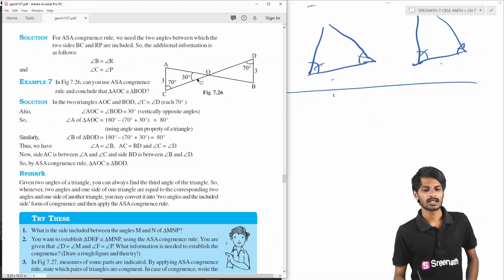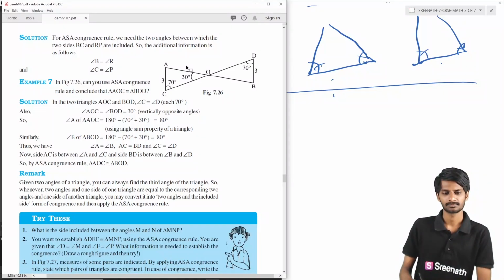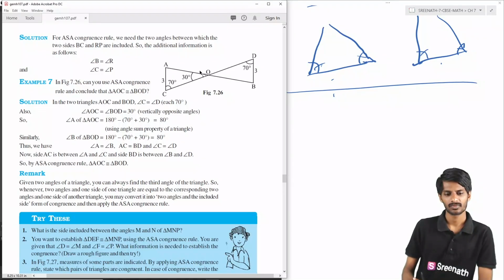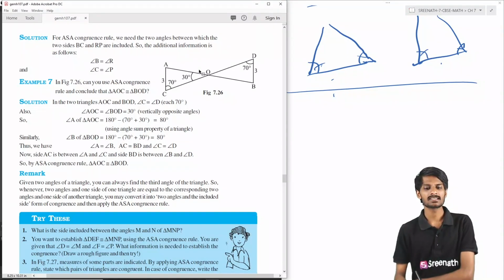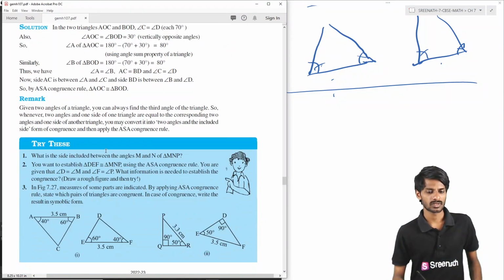And we need one more thing, the side. AC equals BD, they have given also. So this angle equal, this angle equal, and this side equal. According to angle side angle, these two triangles are congruent. That's it, students.